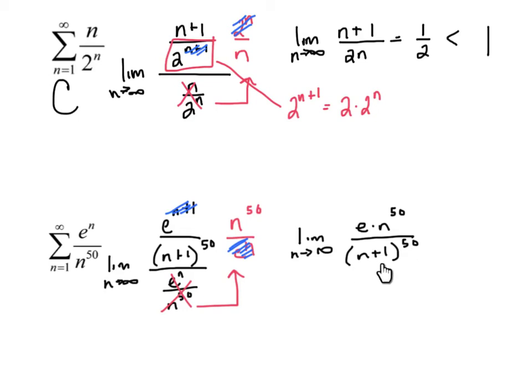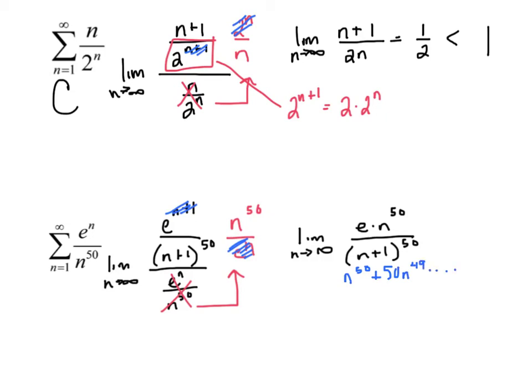If it were n plus 1 cubed, we'd have n cubed plus 3n squared plus 3n plus 1. If it were n plus 1 to the 4th, it'd be n to the 4th plus 4n cubed plus, and so on. So n plus 1 to the 50th, if I actually expanded it out, I'd have n to the 50th plus 50 n to the 49th, and then it would just go on from there.